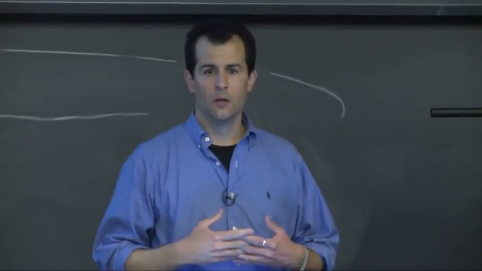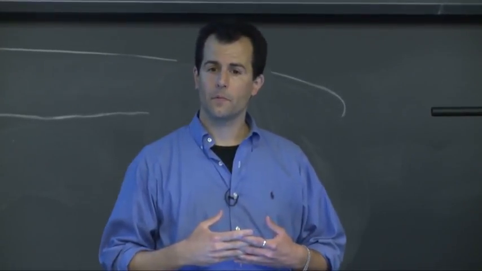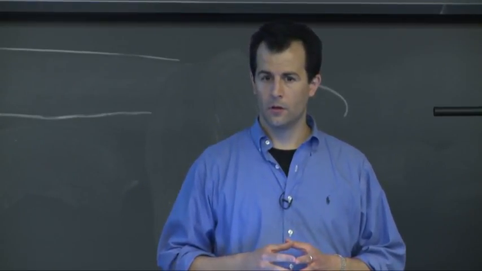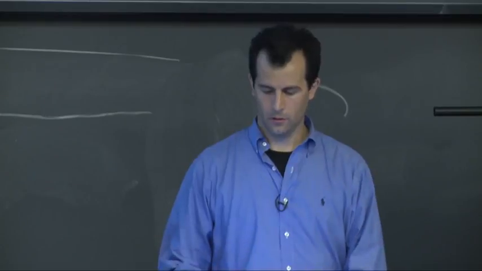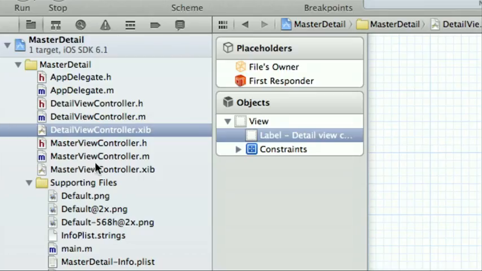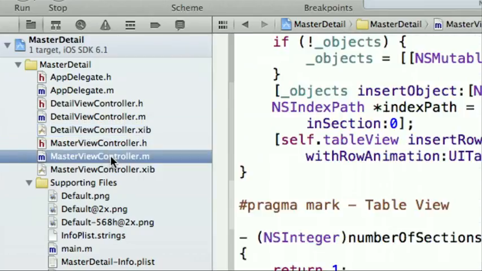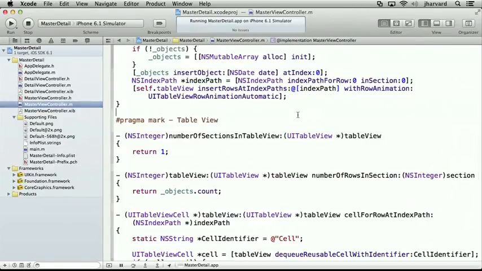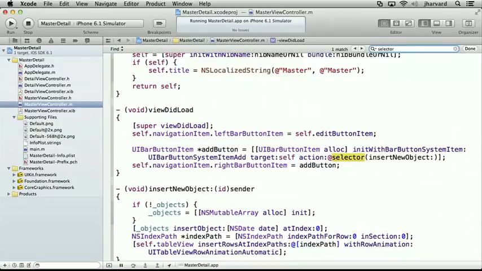We passed in a selector into the constructor of one of the rows. OK. We found the master view controller.m. OK. We did a control F for selector. OK, so there's a selector for insert new object. We saw that before.